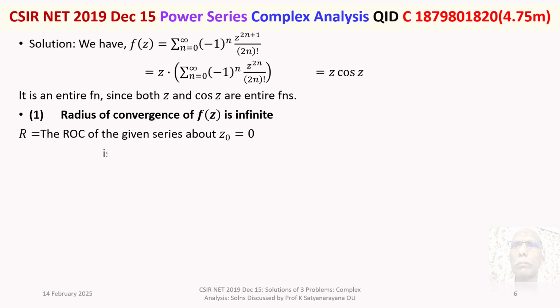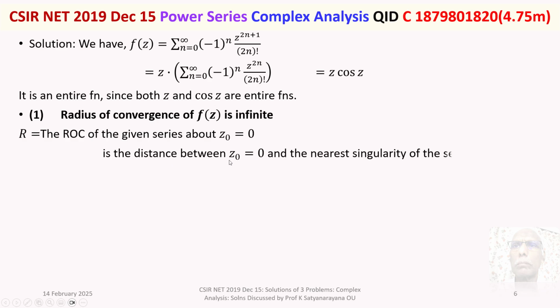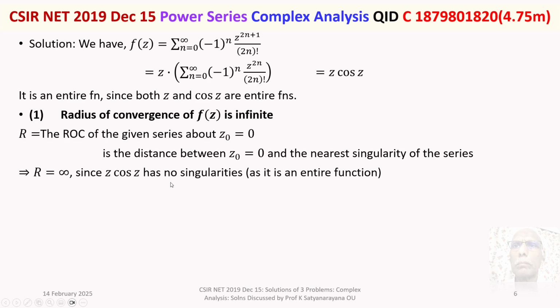It is the distance between z naught is equal to 0 and the nearest singularity of this series. There are no singularities for f of z at all. Therefore R is equal to infinity, because z cos z has no singularities as it is an entire function. So the radius of convergence of f of z is infinite. Thus option 1 is true.